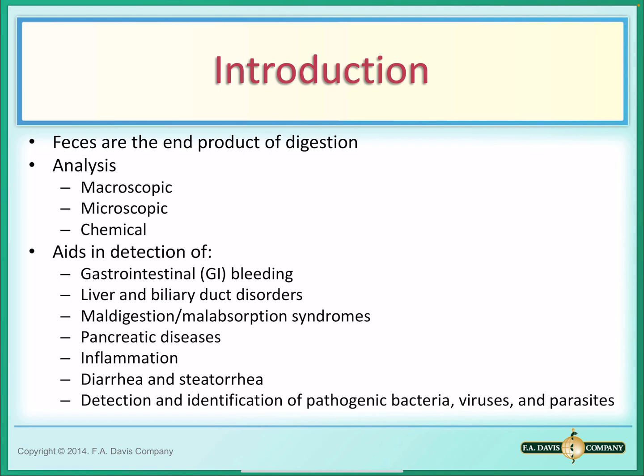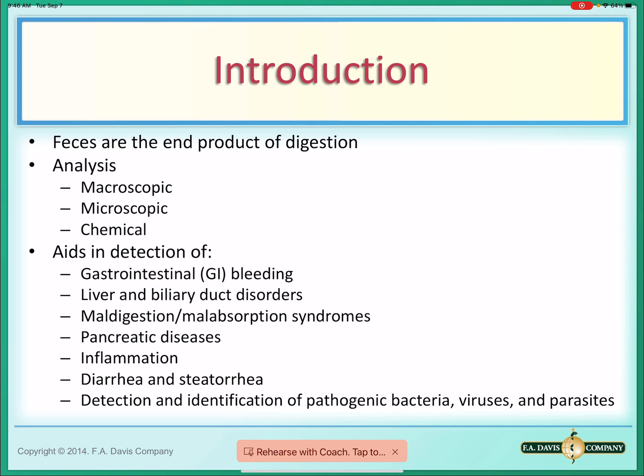It helps us detect conditions in the gastrointestinal tract, like gastrointestinal bleeding, conditions of the liver and the biliary duct, conditions of maldigestion and malabsorption, pancreatic diseases, inflammation, diarrhea and steatorrhea, and detection and identification of pathogenic bacteria, viruses, and parasites.